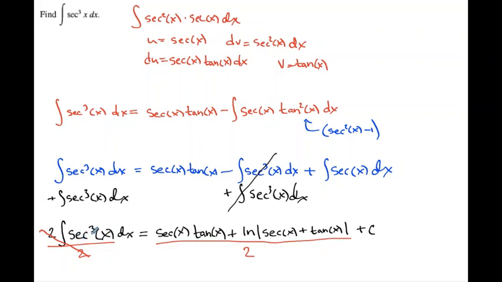And then we have 1 times the integral of secant cubed x dx. And it's equal to secant x tan x plus the natural log of secant x plus tan x all over 2 plus c. I didn't divide the c by 2 because an unknown constant divided by 2 is still an unknown constant. So this would be the final answer here.